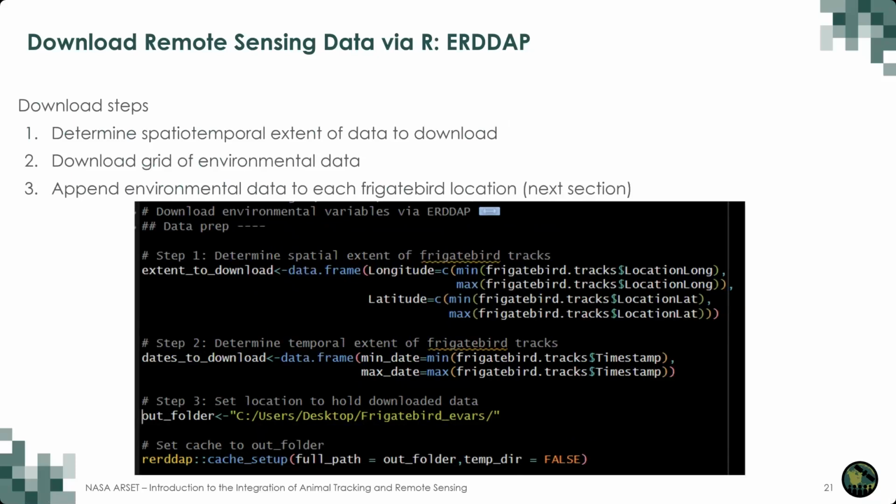One is just the min and the max longitude and latitude of the frigate bird data called frigate bird tracks, and I made that into a data frame called extent to download. And then I did the same thing with the dates of the data set. So we have a dates to download data frame. Step number 3 there says we want to put the data somewhere. So you just designate something, which I called out folder. And then you want to set the cache to make sure that the data go into that out folder.